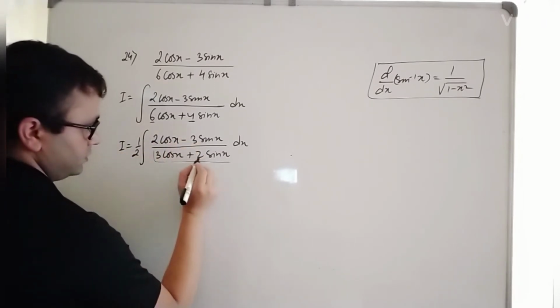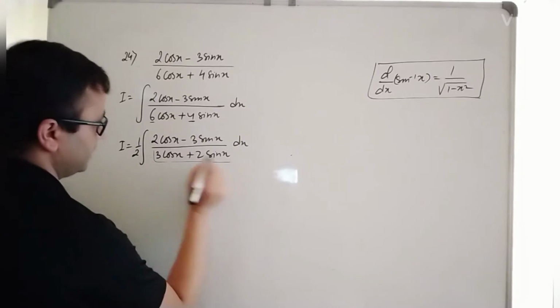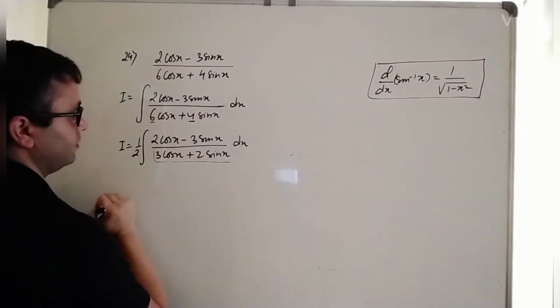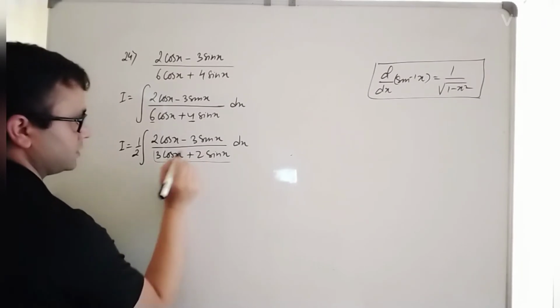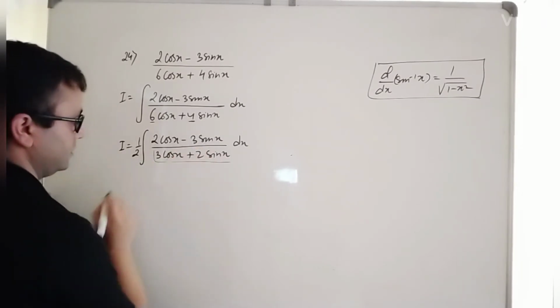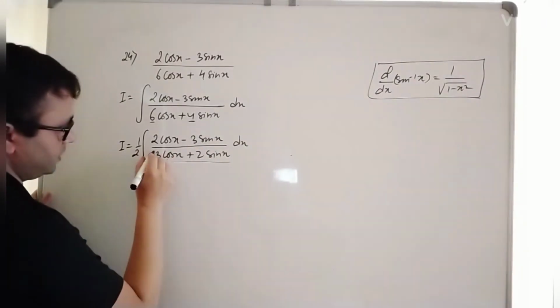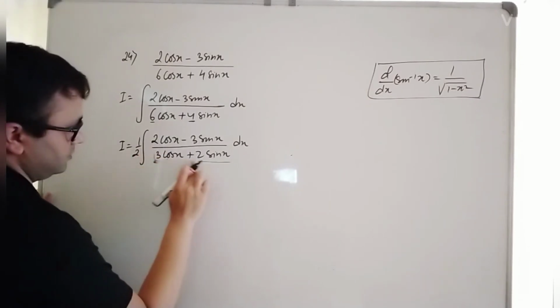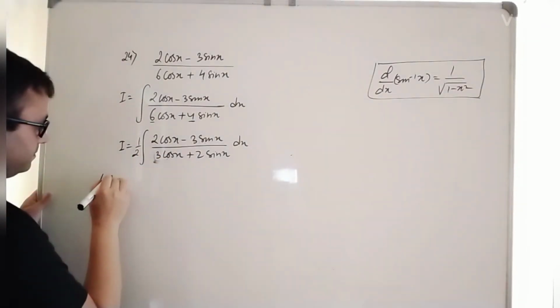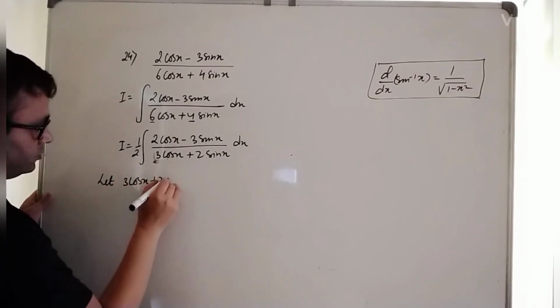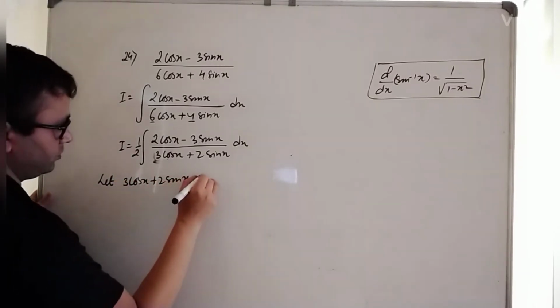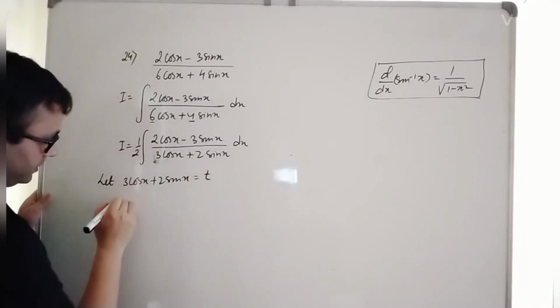How? So differentiation of sin x is cos x, there is 2. Differentiation of cos x is minus sin x, there is 3. So we will take the denominator as the substitute. Let 3 cos x plus 2 sin x equal t. Now differentiate it.